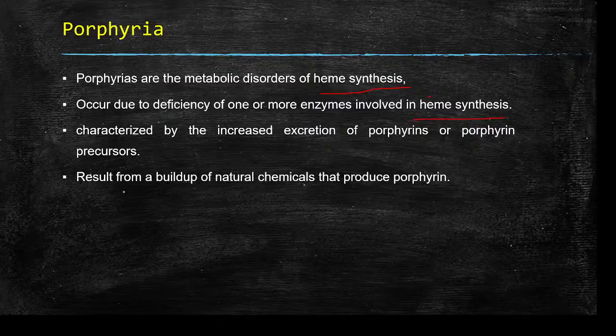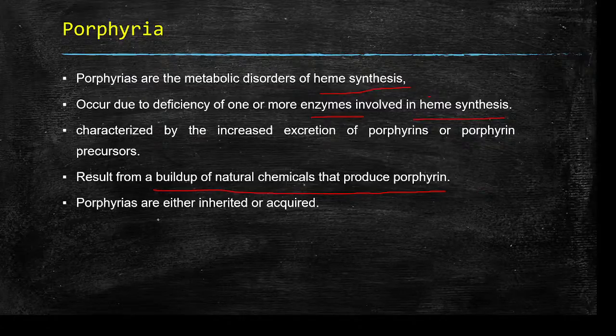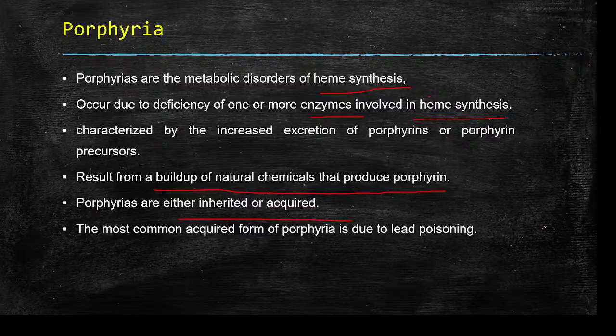This results from a buildup of natural chemicals that produce porphyrin. This is mainly because of certain deficiency of enzymes. Due to that, the intermediates will start building up, and they are excreted. Porphyrias can be either inherited or acquired. The most common form of acquired porphyria is due to lead poisoning.